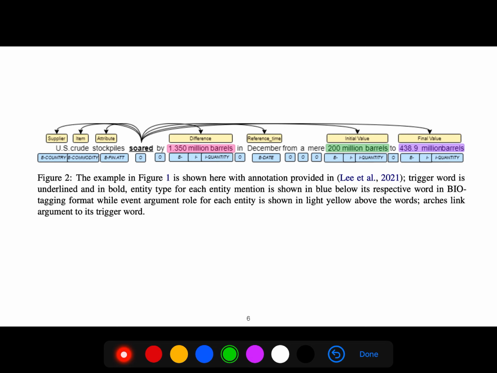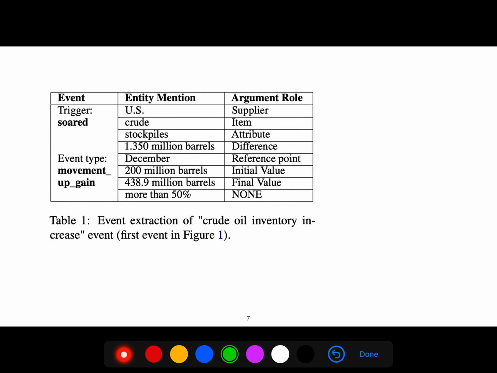And we use this beginner, intermediate, outer tagging format. So for event extraction of the crude oil inventory increase event, we have these entity mentions and these argument roles. You see different argument roles.